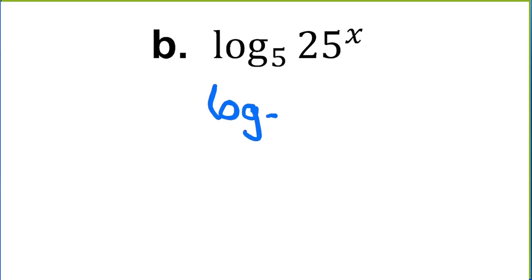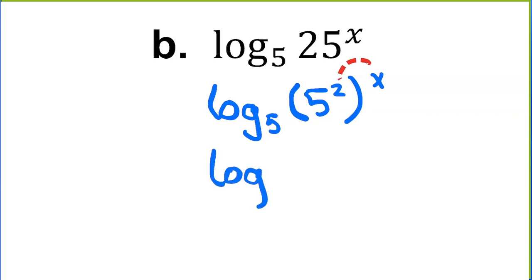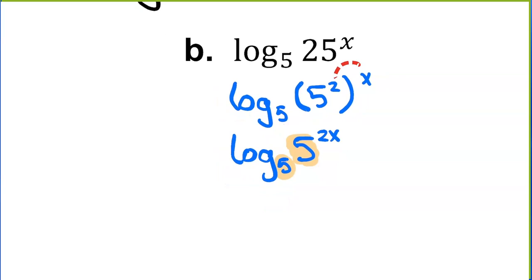So 25 is the same as 5 squared, to the x. You can multiply in that x. So you have log base 5 of 5 to the 2x. This is about as challenging as these problems get, because again, the log base matches the exponent base, so those just undo each other, and what you're left with is just 2x.